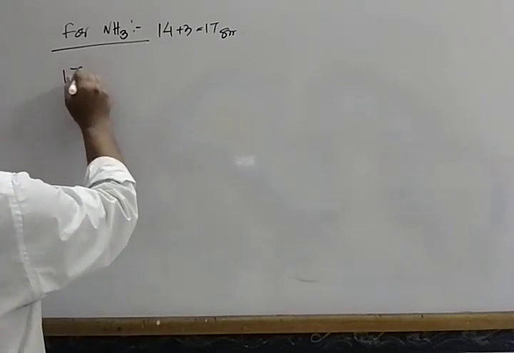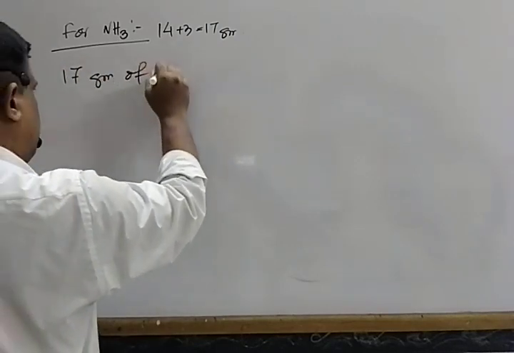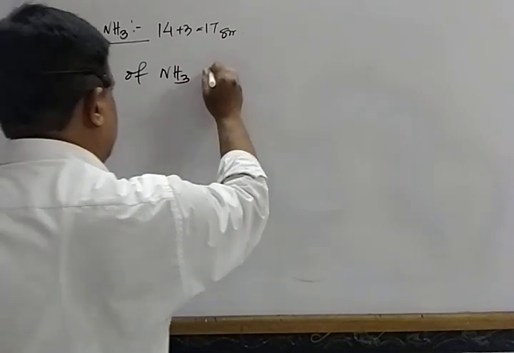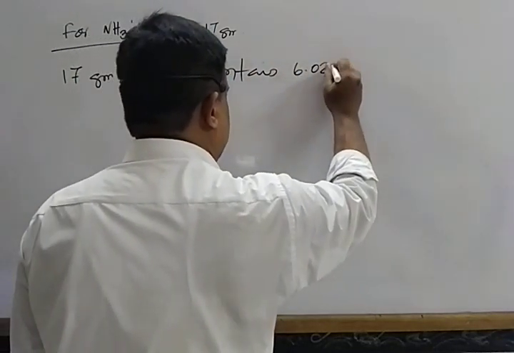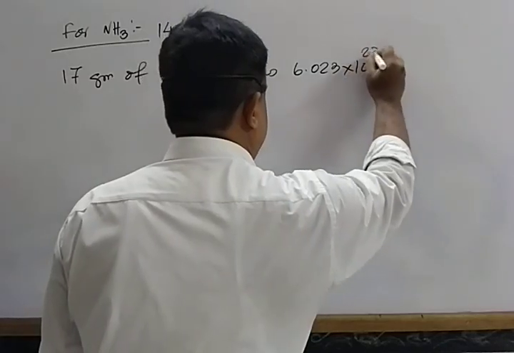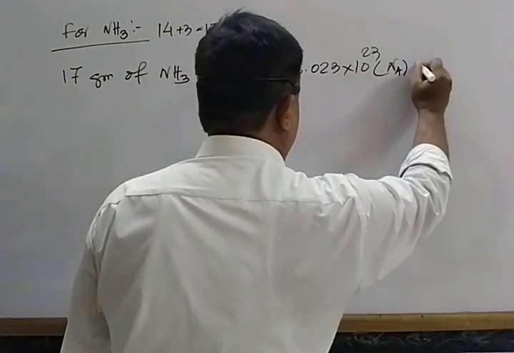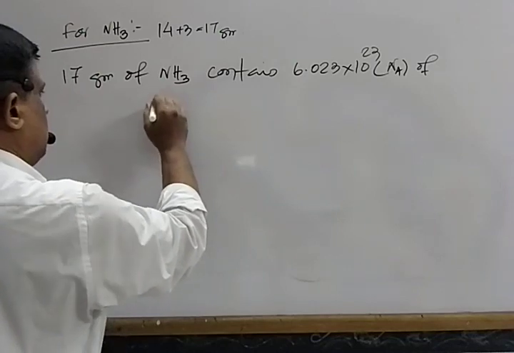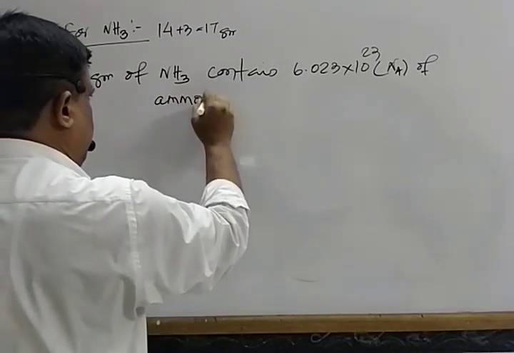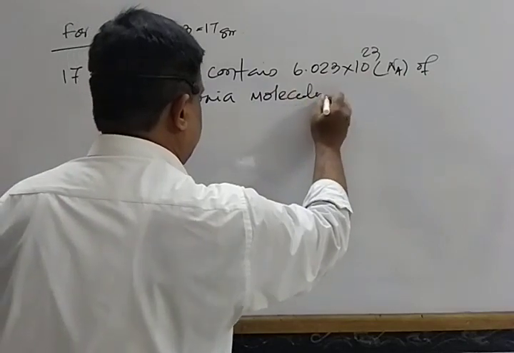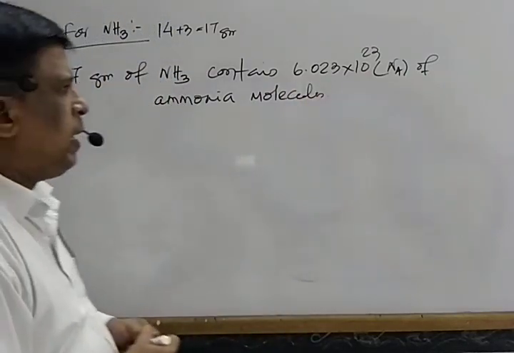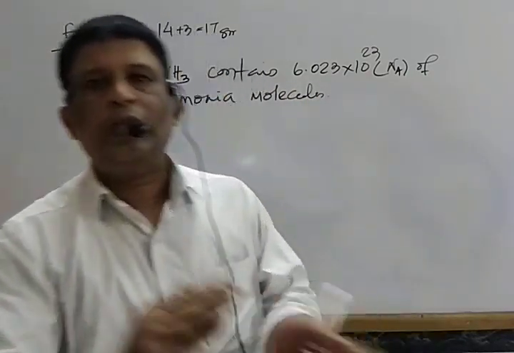So the relationship: 17 gram of ammonia contains 6.023 into 10 to the power 23, that is the Avogadro number of ammonia molecules. Mark that.